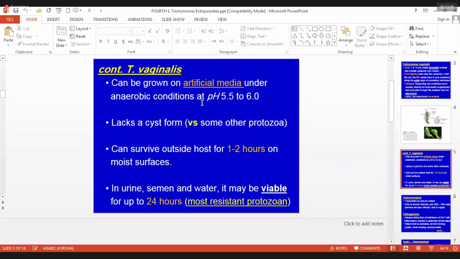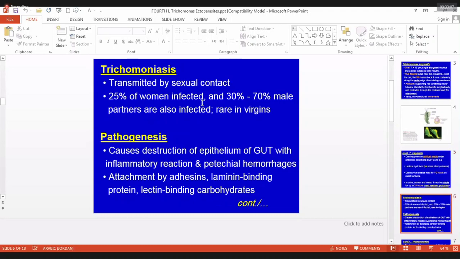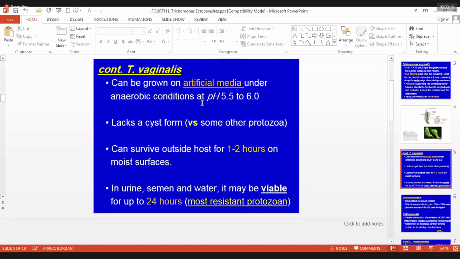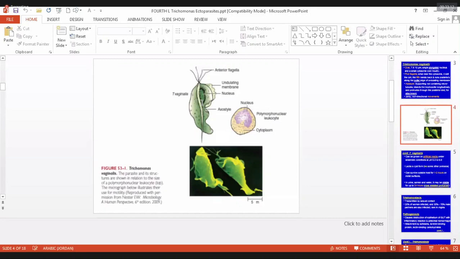Of course, we are not going to speak about the details of it. The polymorphonuclear cell here is only for size comparison.